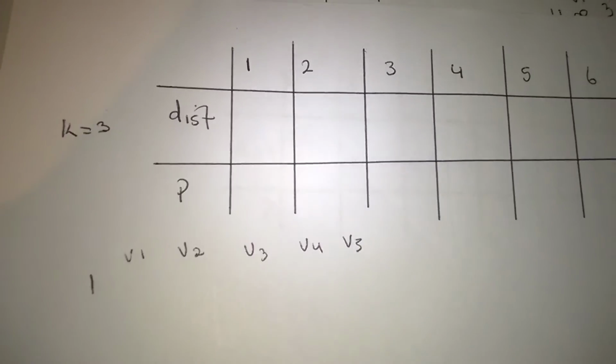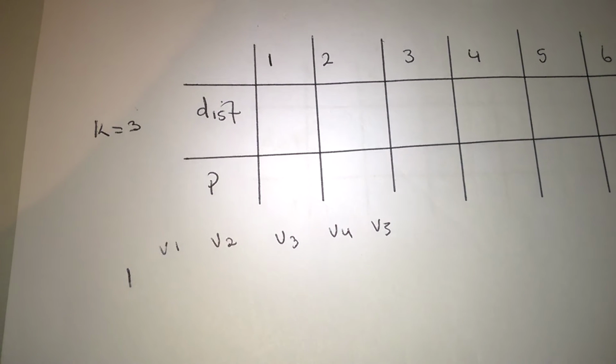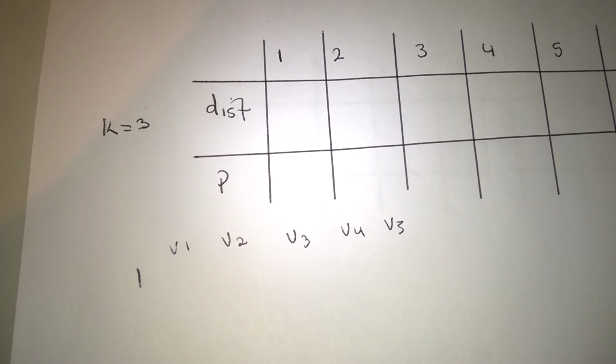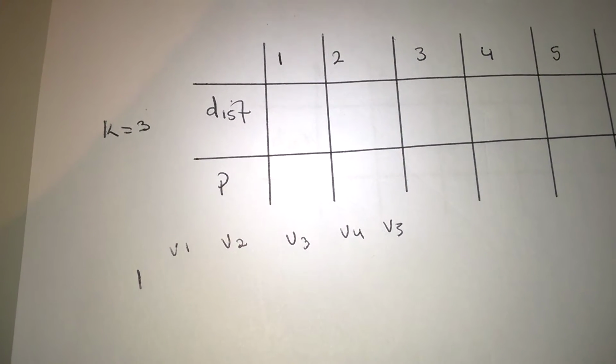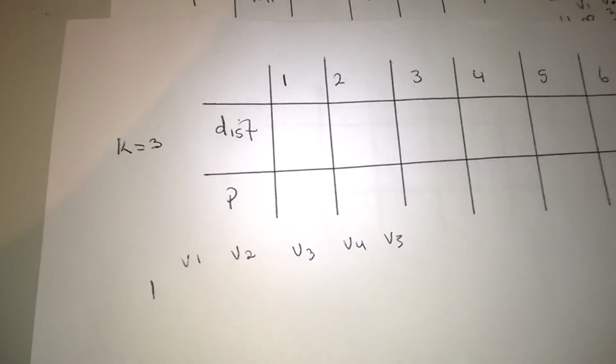So we now have to go back to the graph, and we have to see if v2 could reach v1, if v3 could reach v1, if v4 could reach v1, if v5 could reach v1, and so on. Take the smallest out of that again and update, right?